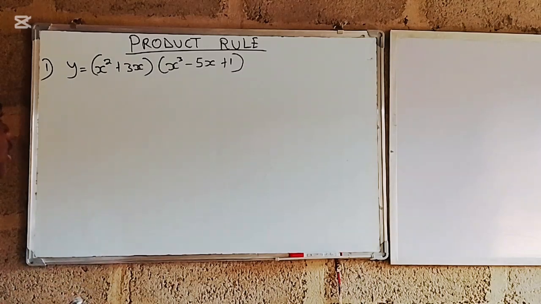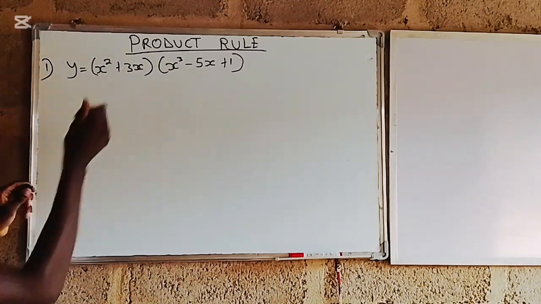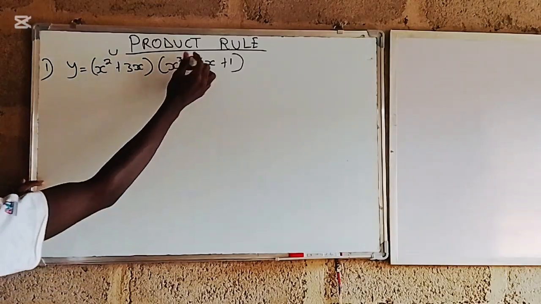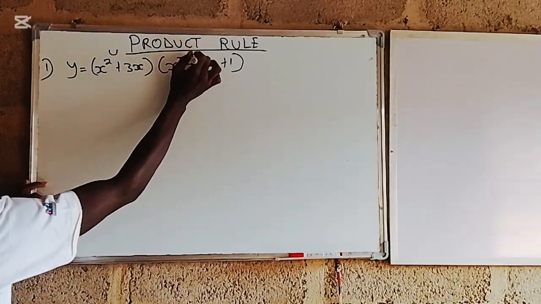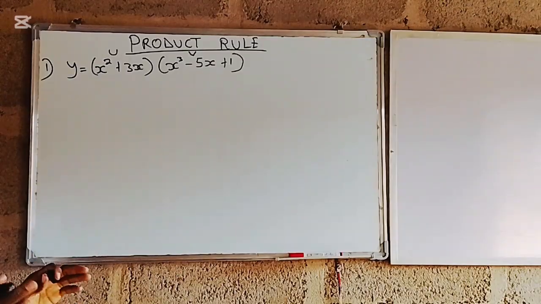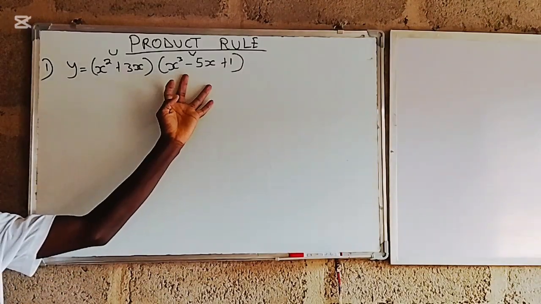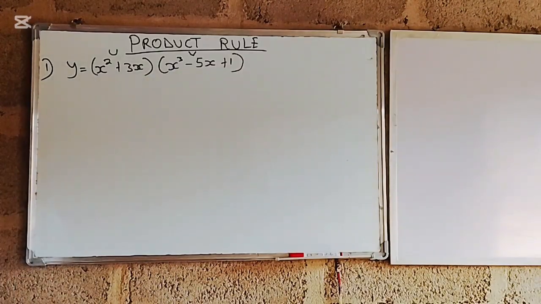If I take a look at this problem, the first thing I'm going to say is let this first factor be u and let this second one be v, because the product rule is just like a multiplication. So you let the first part be u and the second part be v.